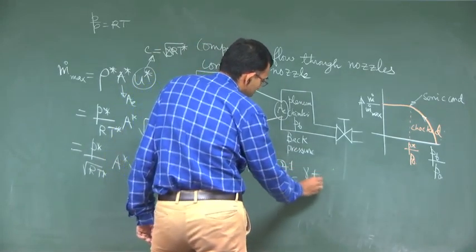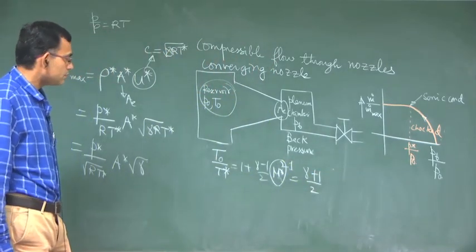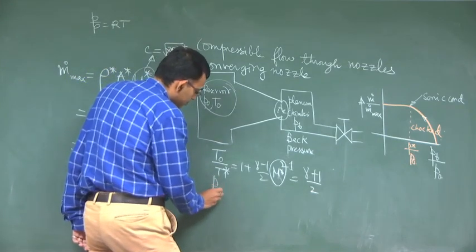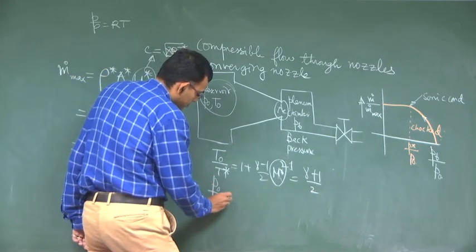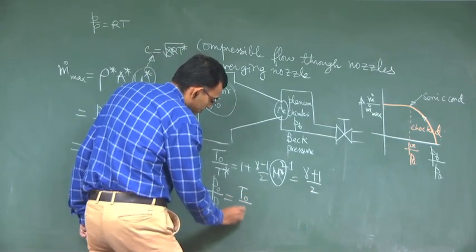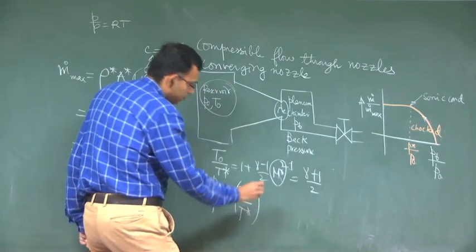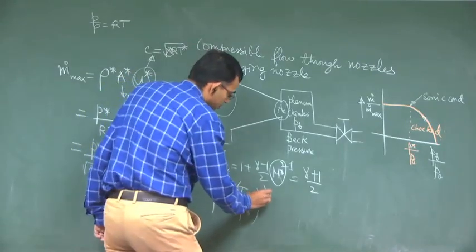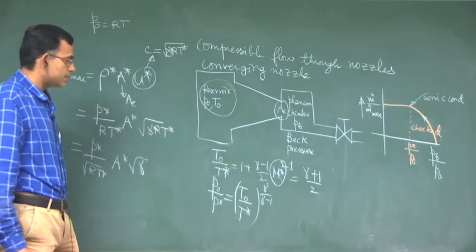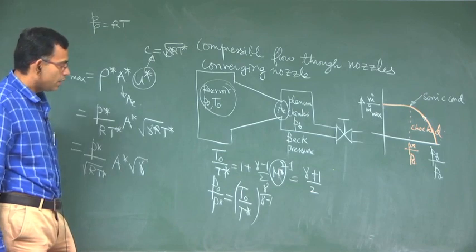So gamma plus 1 by 2, and P0 by P is this, okay.